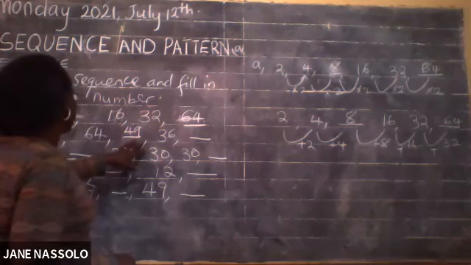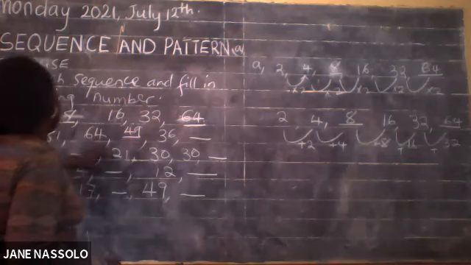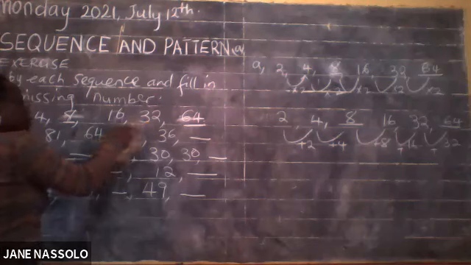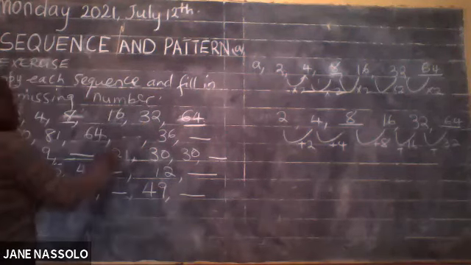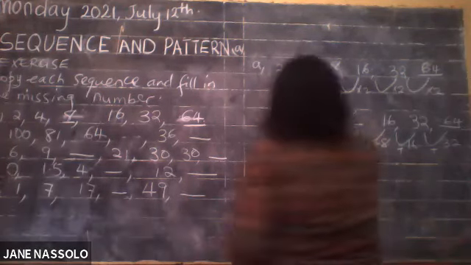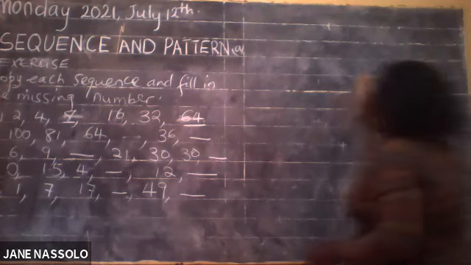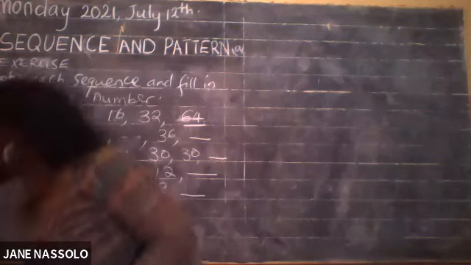Then 25 on the other missing one. Which number is missing here? Teacher, it's 49. What rule are we using? Teacher, I'm subtracting odd numbers. You are subtracting odd numbers? Yes, subtracting odd numbers.